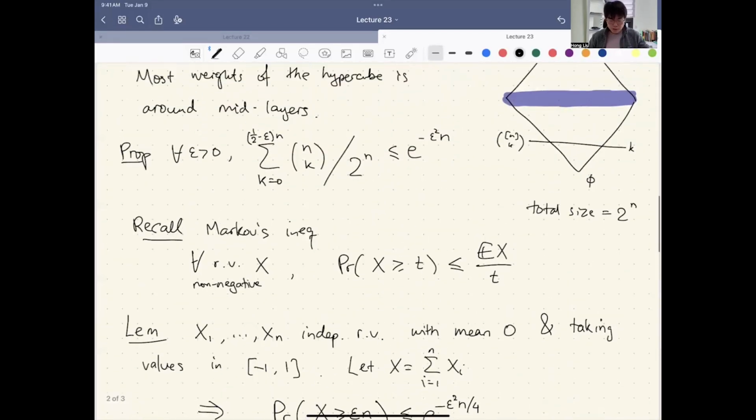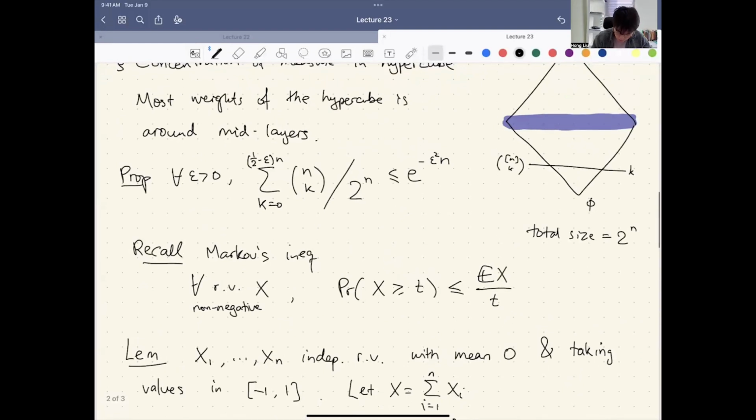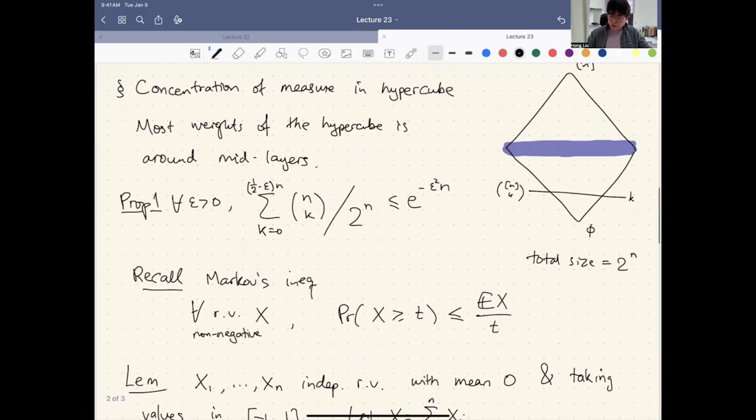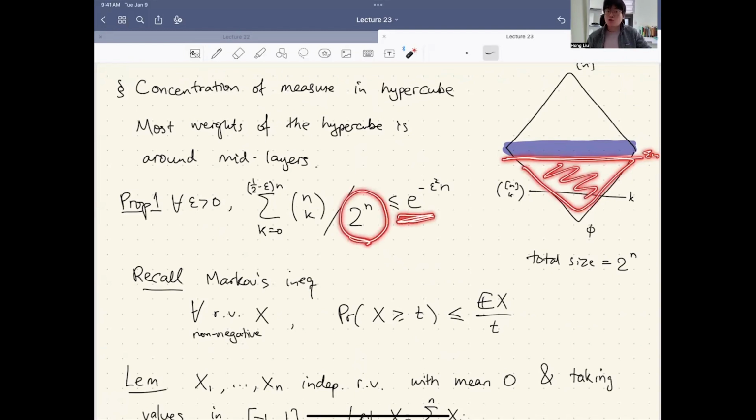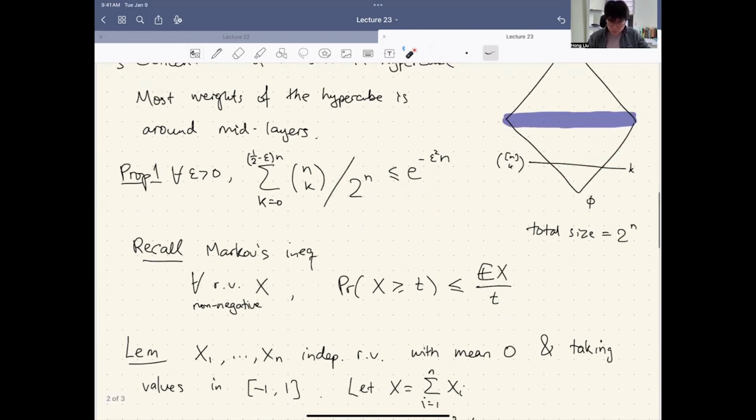Now let's prove this concentration of measure, proposition 1. We want to prove that up until epsilon n from the mid layer, all the bottom one, they are exponentially small compared to the whole measure. So let me copy this maybe.